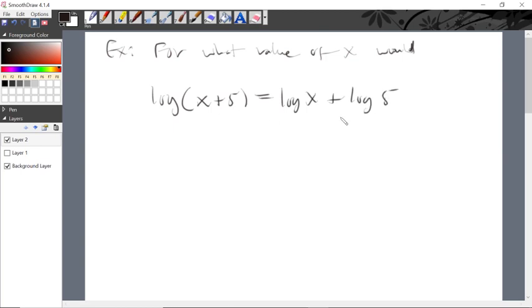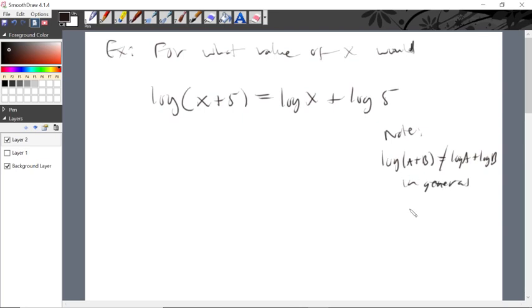Note, this is not true in general. You cannot distribute a logarithm. I'm even going to make that note right here. Note, the log of, let's say, a plus b does not equal the log of a plus the log of b, in general.